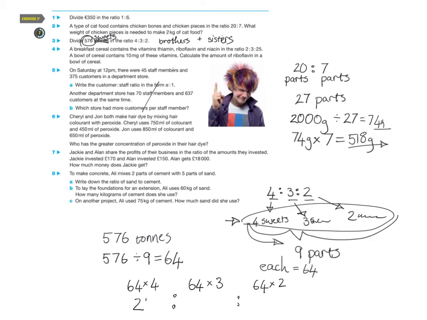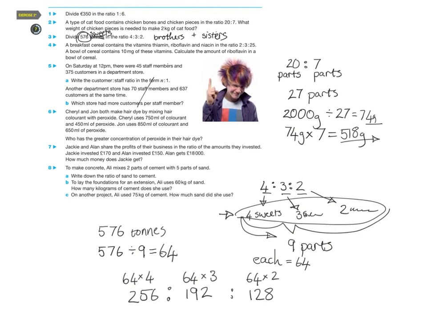That is 256, 192, and 128. So in terms of the tons, if we were to divide them up, we'd get 256 tons is to 192 tons, which is also to 128 tons.